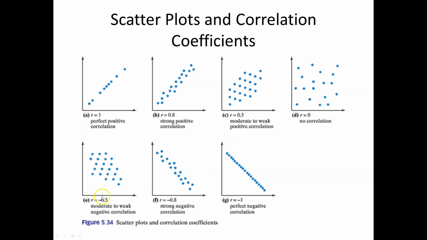A moderate weak correlation or a strong negative correlation. These might be things like, I don't know, something that as one goes up, the other goes down. So the more I exercise, and then this would be the amount I weigh.